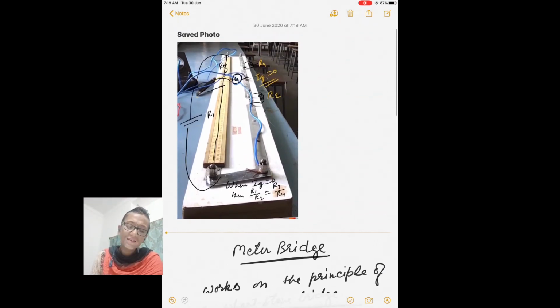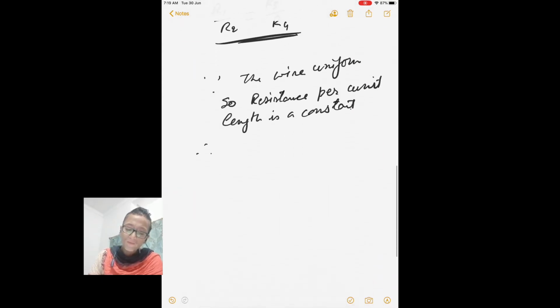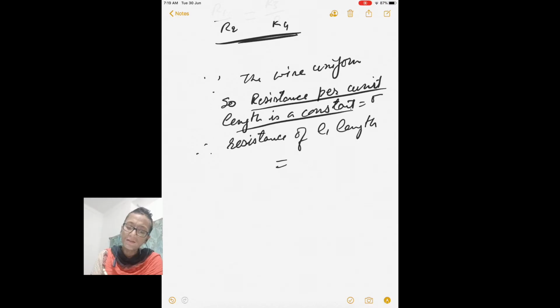Suppose this is the L1 length and this is your L3 length. Therefore, the resistance of L1 length is equal to, if this constant is sigma, meaning resistance per unit length is sigma, sigma L1, and the resistance of L2 length is equal to sigma L2.